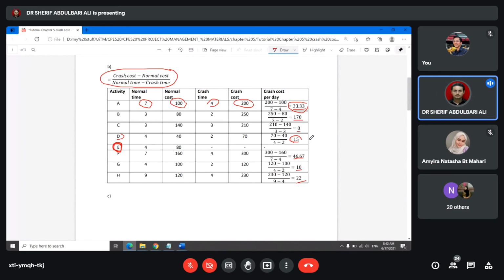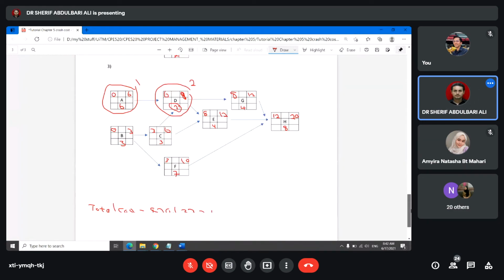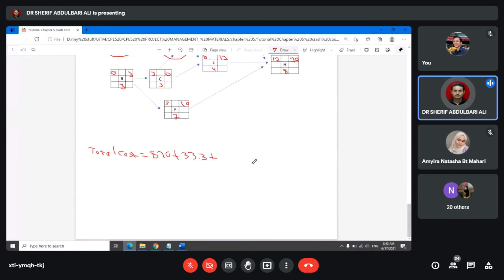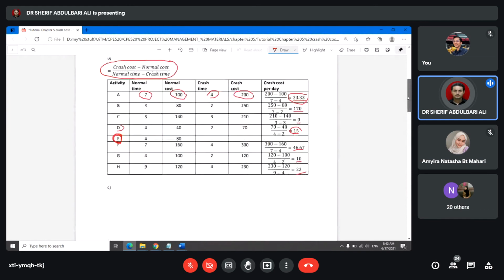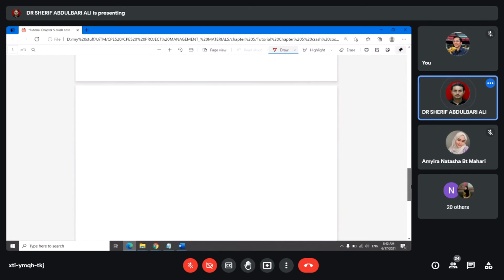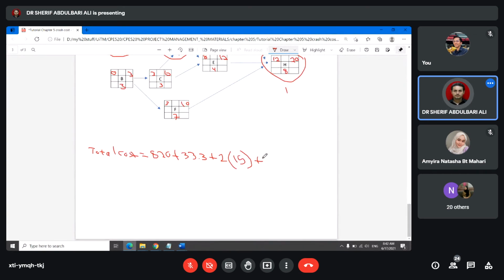Activity D per day, it's 15. For 2 days times 15. And the last one, you crushed activity H 1 day. So how much does it cost for activity H per day? It's equal to 22. So plus 22. So this is going to be 905.33.